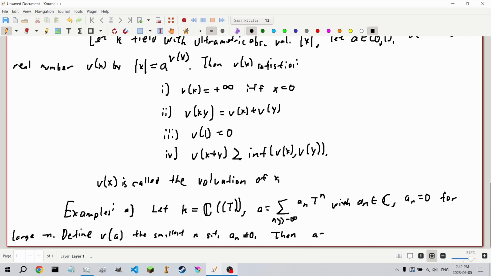Then we have that a is t to the n times a_0 plus a_1 t, so I'll write it as the sum of a_j times t to the j for j from 0 to infinity, with a_0 non-zero, n an integer.